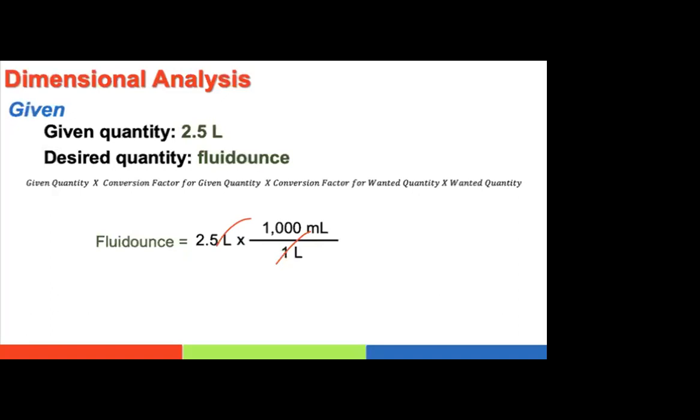Now, saan ko ilalagay si 29.57 ml? Sa numerator or sa denominator? Denominator. And the numerator is 1 fluid ounce. Okay. So, na-achieve ko na ba yung desired unit ko? Yes. And the answer here is 84.55 fluid ounces.